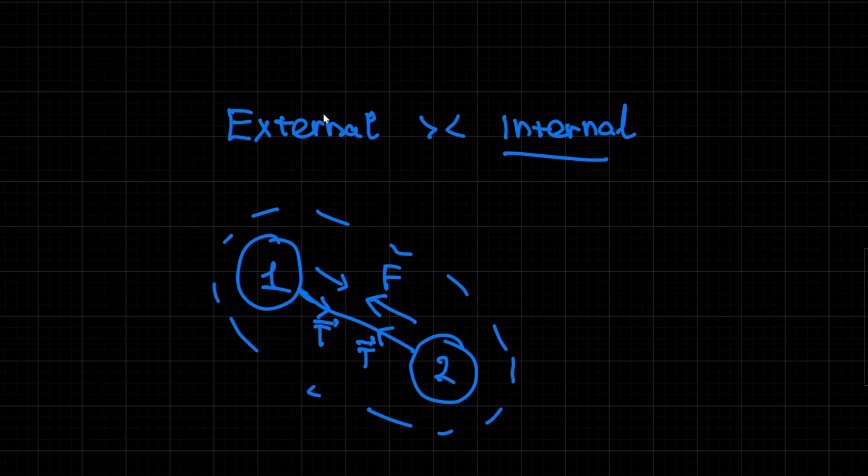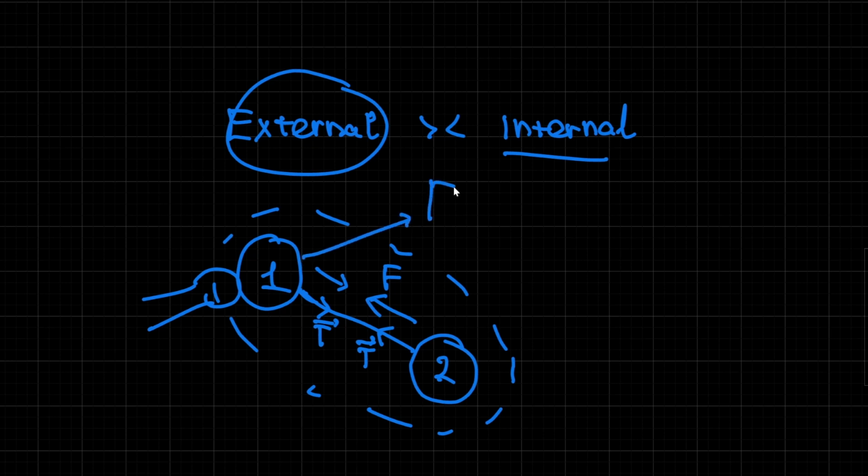But what about external? If I maybe punch this and it creates a force, this punch is from an outer body. It is not the first ball or the second ball or the string. It is outside, so we call that external.